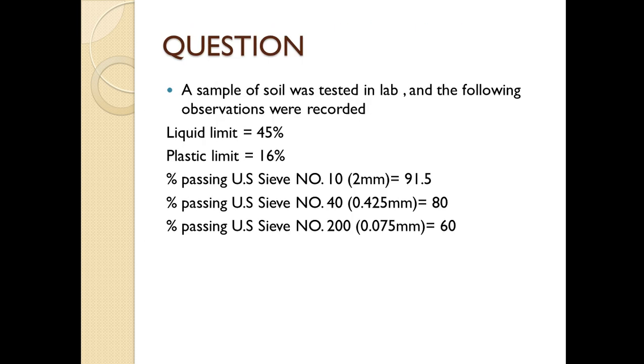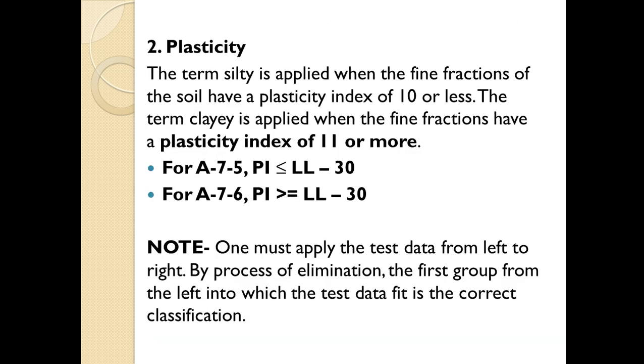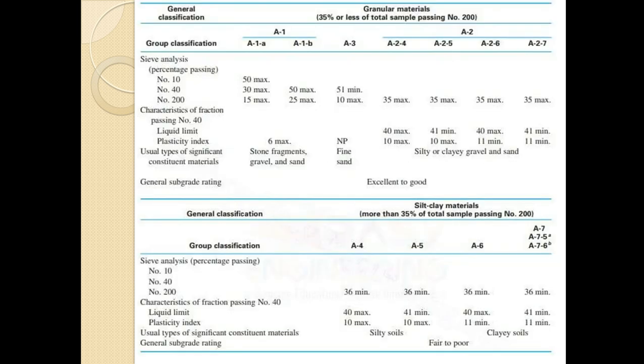Here our liquid limit is 45%. Now moving on to the table. 45% is the liquid limit, but for silty soil we have 41% minimum liquid limit. Silty soil has two categories, A4 and A5. A4 has 40% maximum liquid limit, and our liquid limit is 45, so it is obviously not A4, so it is eliminated.